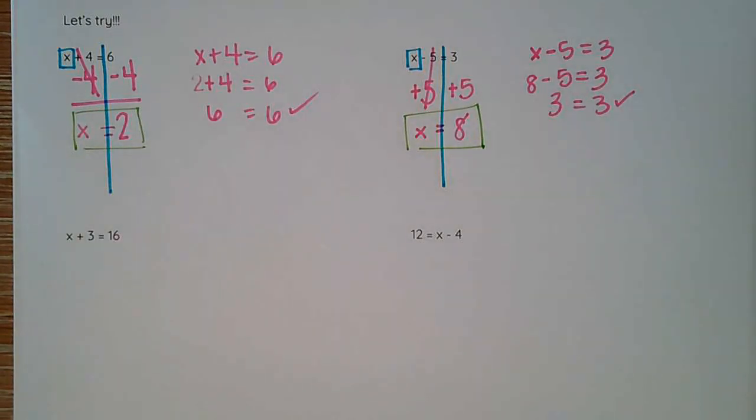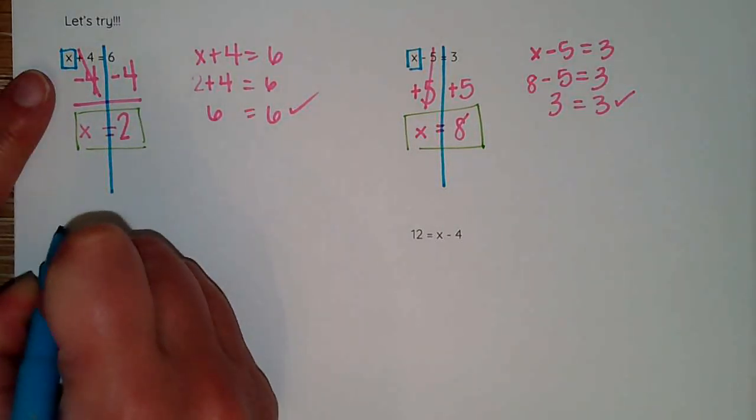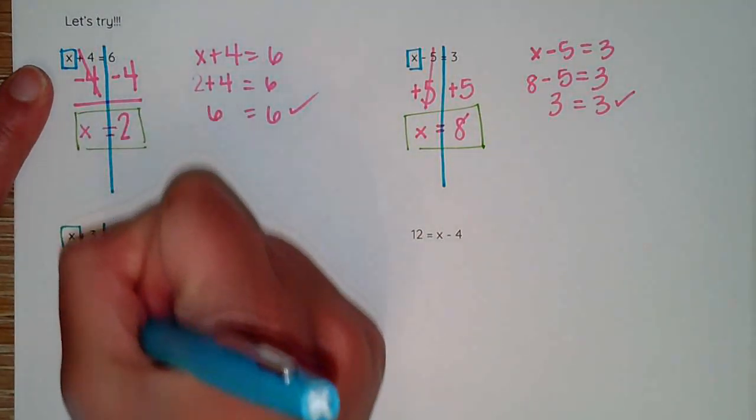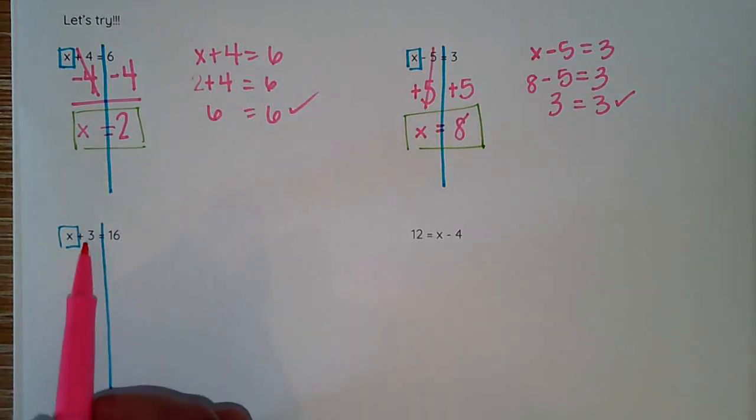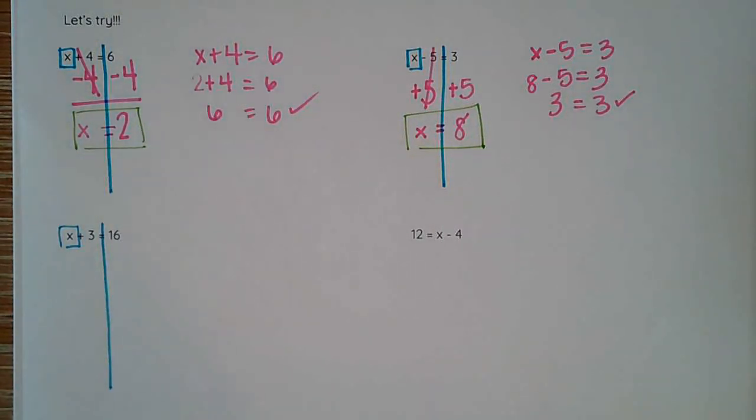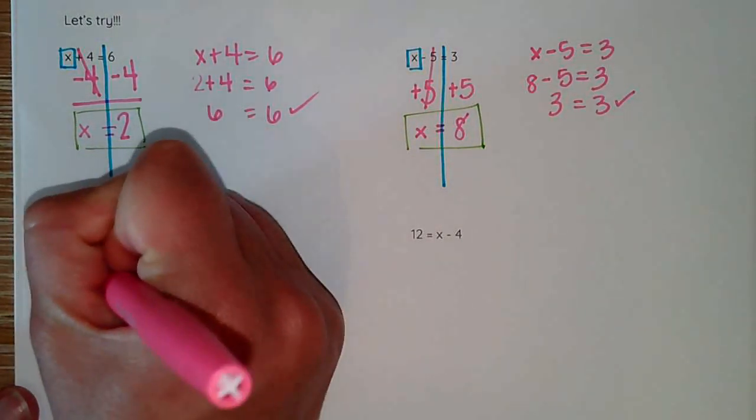All right, let's try 2 more problems. We've got x plus 3 equals 16. Again, we start by boxing that variable term and drawing that line down from the equal sign. From here, I need to ask myself how to isolate that x, and I do that by getting rid of that plus 3. I do that by subtracting 3.